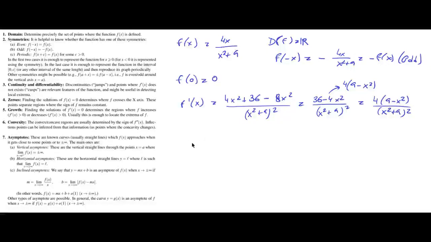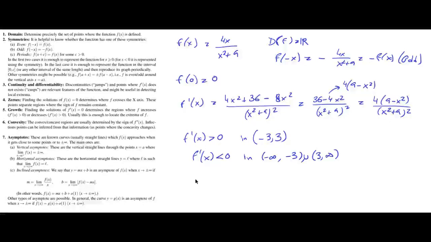So f prime is positive in the interval (-3, 3), and it's going to be negative everywhere else, in (-∞, -3) union (3, ∞). So we have a minimum at -3, and a maximum at 3.